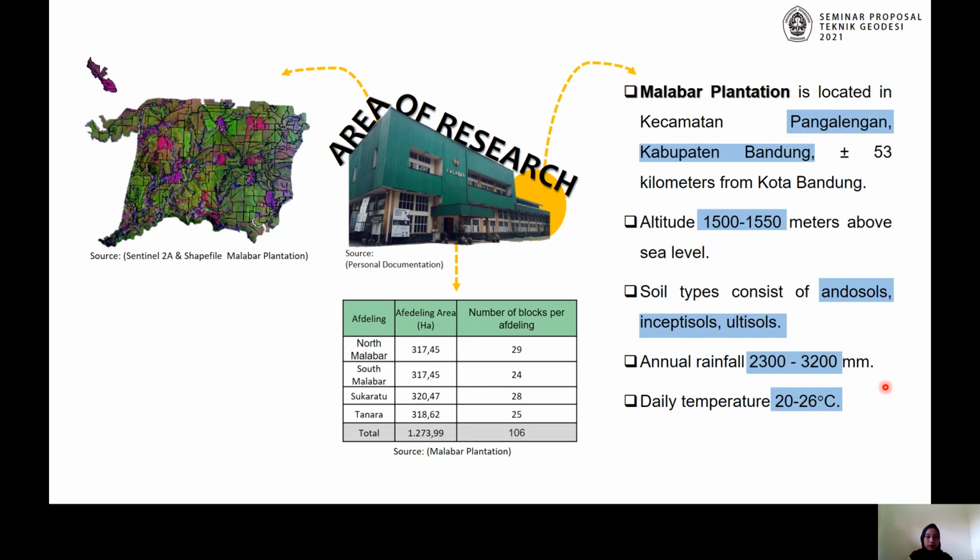Annual rainfall 2,300 to 3,200 millimeters. Daily temperature 20 to 26 Celsius. Take a look at this table. The Malabar Plain Station has an area of 1,273.99 hectares, consisting of Delhi, North Malabar, South Malabar, Sukaratu, and Tanara, with 106 blocks.